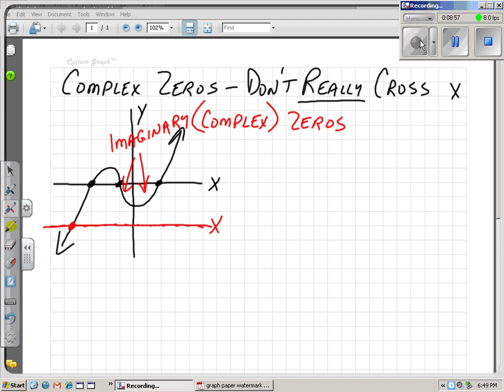So we call those imaginary or complex zeros. They should have crossed. That should have dipped down and crossed the x-axis, but it didn't quite make it. If it had gone a little bit further and dipped down, then we would have 2 more real zeros. But that hump didn't come down quite far enough, so we have what we call complex zeros or imaginary zeros.